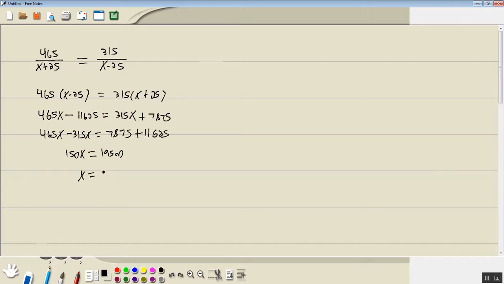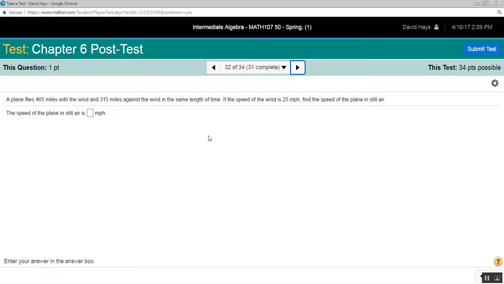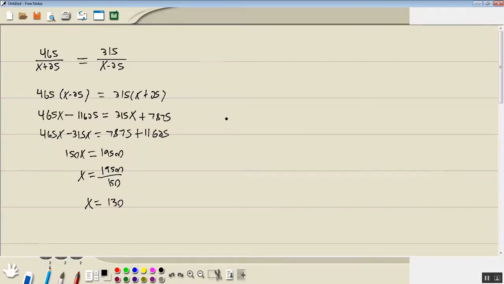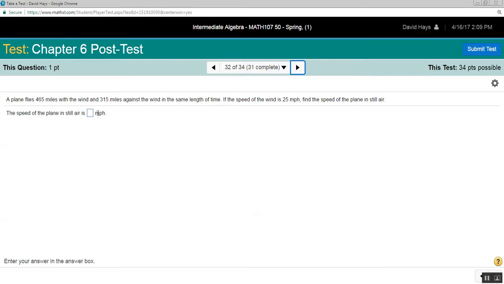Divide both sides by 150. 130. So let's see if that's what they're asking. Find the speed of the plane in still air. Okay. So 130, hopefully.